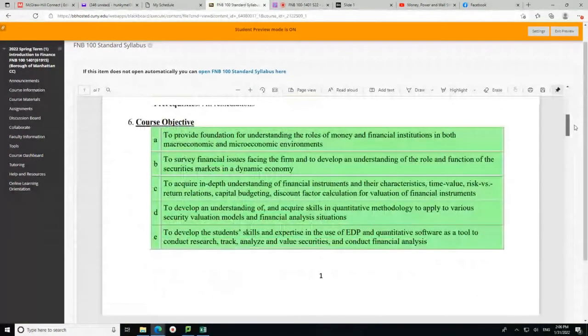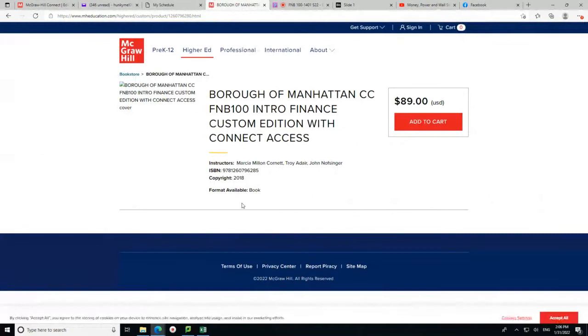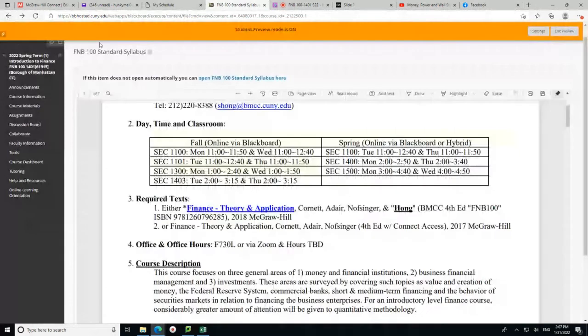It's just opening there, and in the PDF file you have the direct purchase link. Yeah, it works now. At least this one works, so that's good.